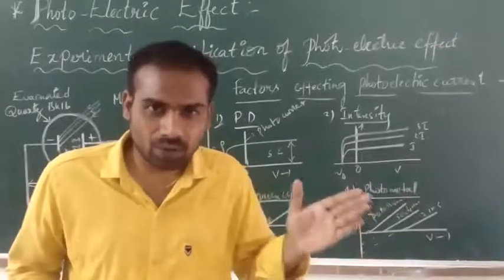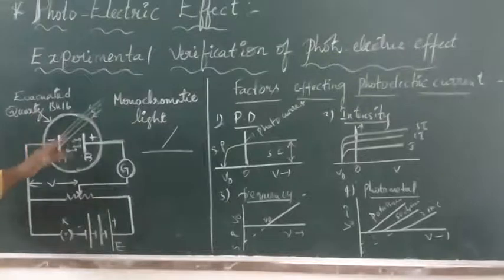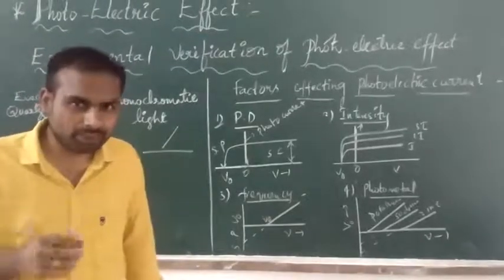Because it is negative, what happens? The electrons coming from plate A will decrease.